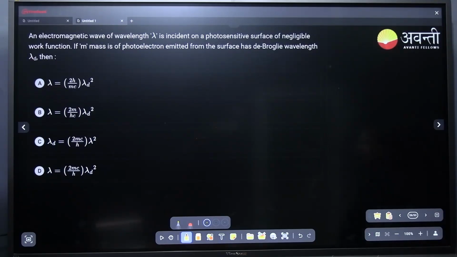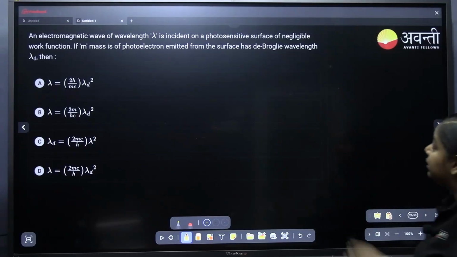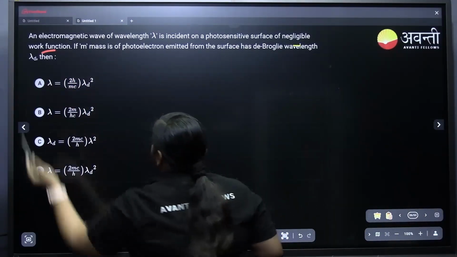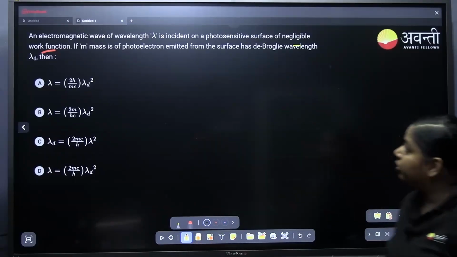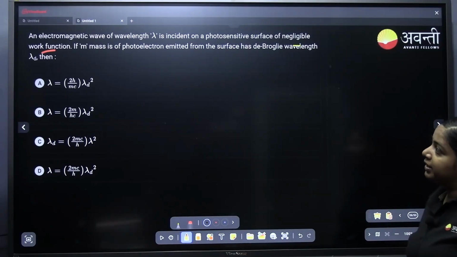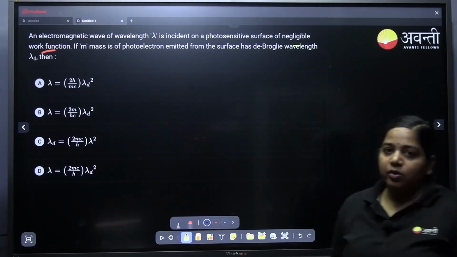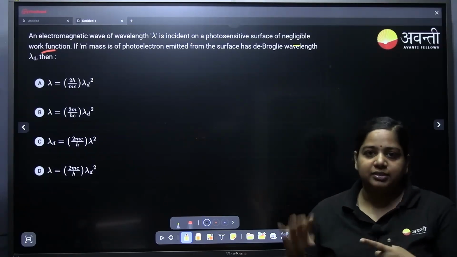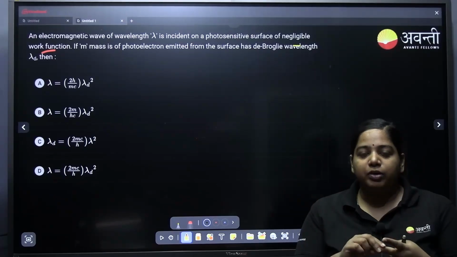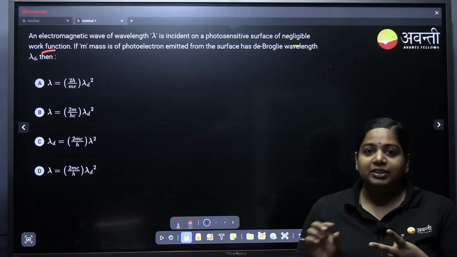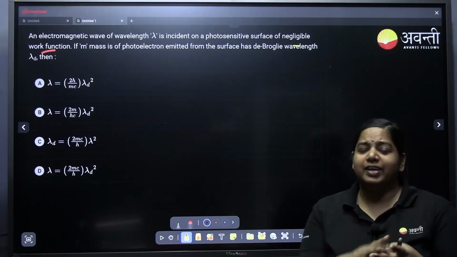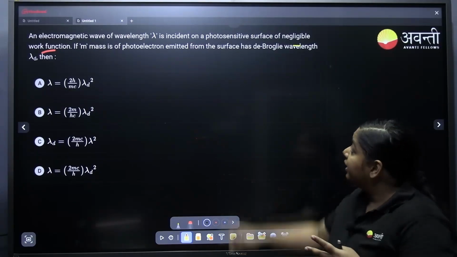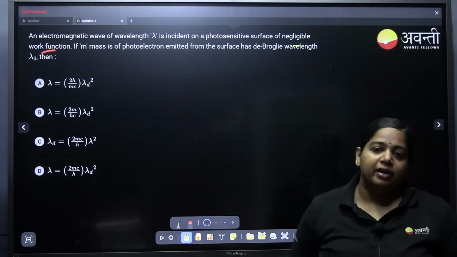Next, an electromagnetic wave of wavelength lambda is incident on a photosensitive surface of negligible work function. That is the keyword here, negligible work function. If the photoelectron emitted from the surface has de Broglie wavelength lambda d, then a photon is coming which has lambda as its wavelength. It is emitting an electron from a material with negligible phi, which means we can assume phi to be 0, and the electron has lambda d.